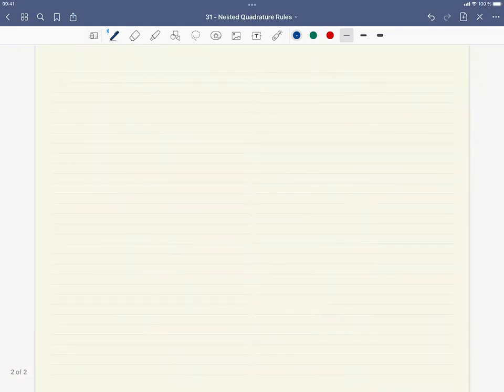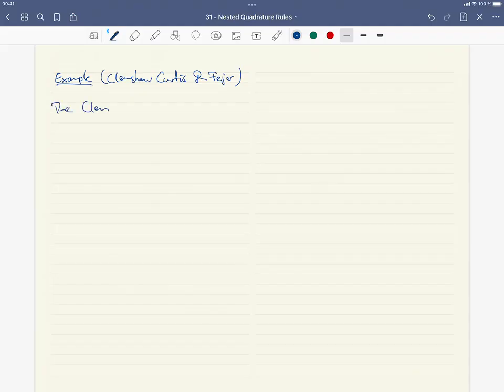And then there's a more interesting example, the so-called Clenshaw-Curtis and Fejér rules, which I hope I'm pronouncing correctly. I'm going to write them down for you.